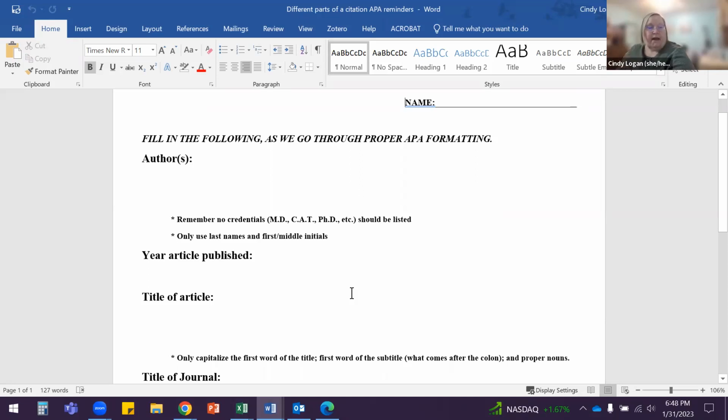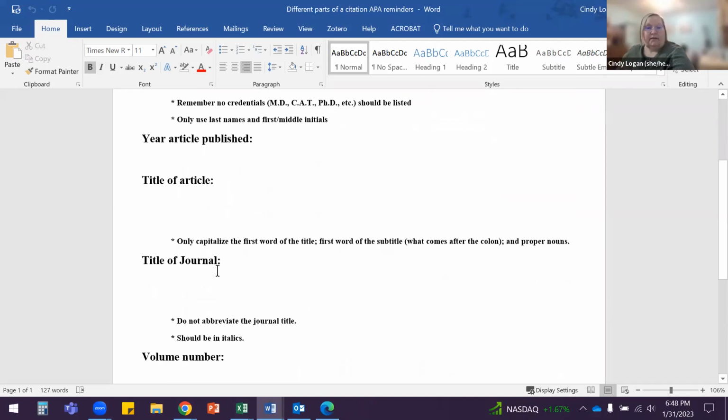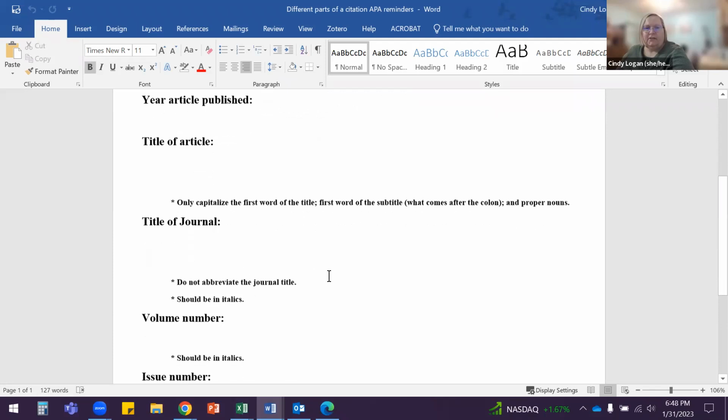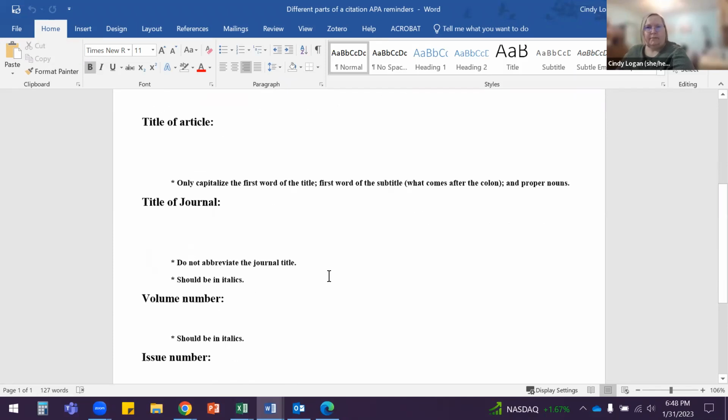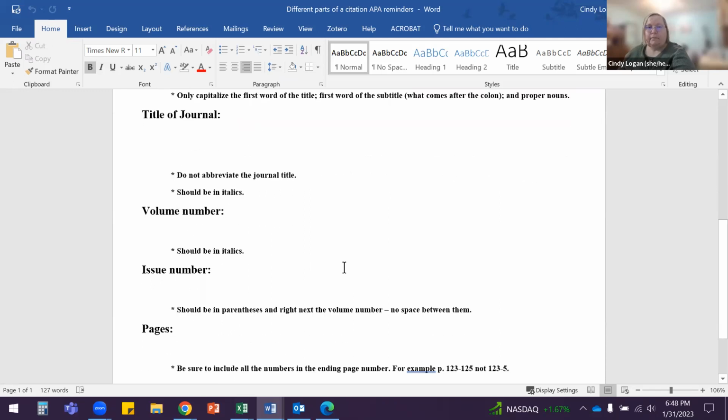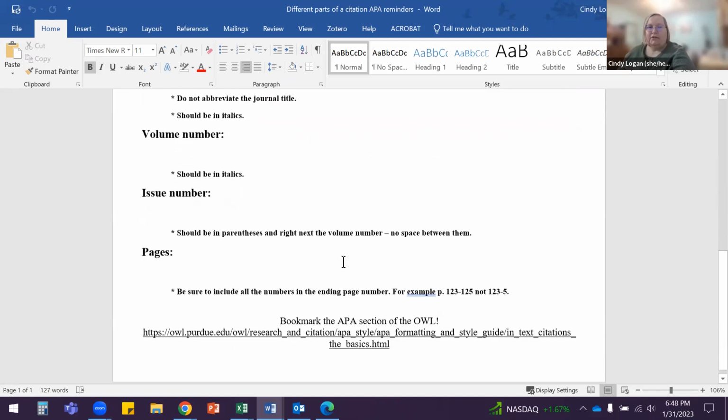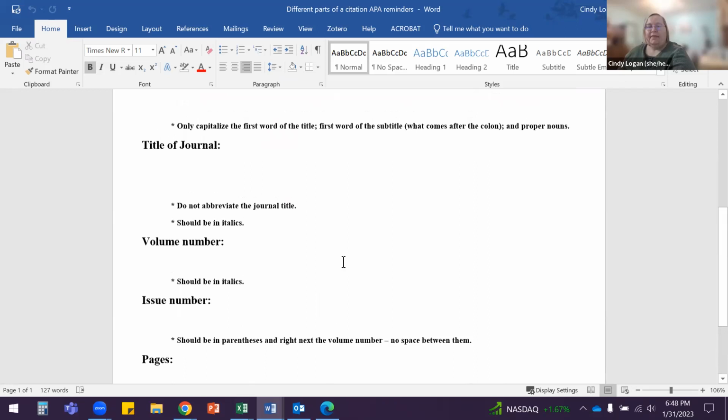The title information would probably be broken down into a website. That's where I see most students get the website. And of course, there's no volume, issue, or page number with that. Again, make a good effort. Images are hard to do when they're not straightforward. I'm here to help you with that if you have questions.